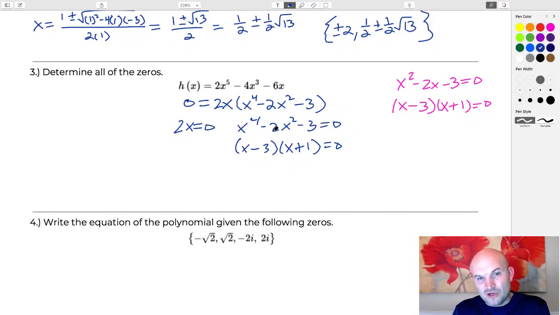But I want these to multiply to give me x to the 4th, and I want my middle terms to combine to give me an x squared. So all I need to do is raise the powers. So this is x squared minus 3 and x squared plus 1. Now I can use the zero product property one more time.